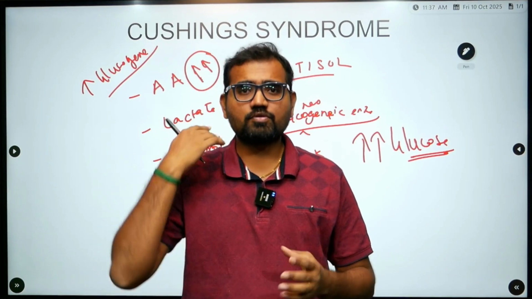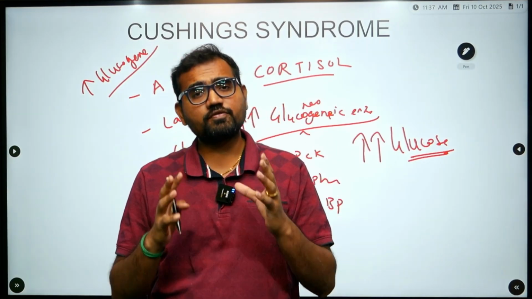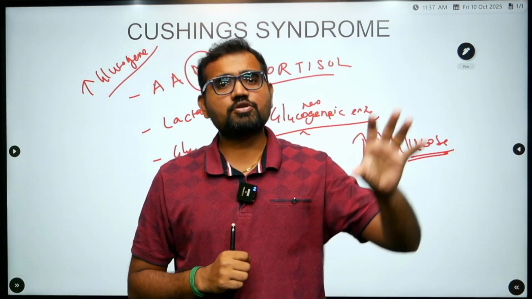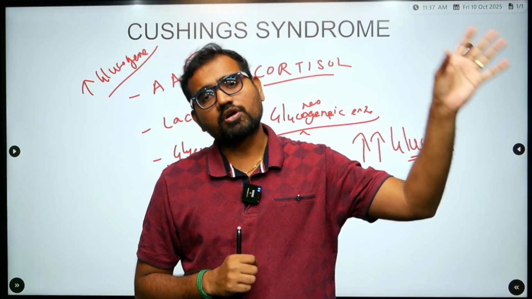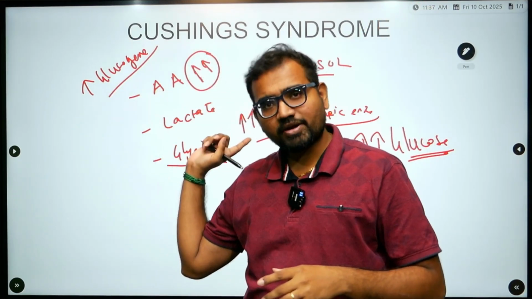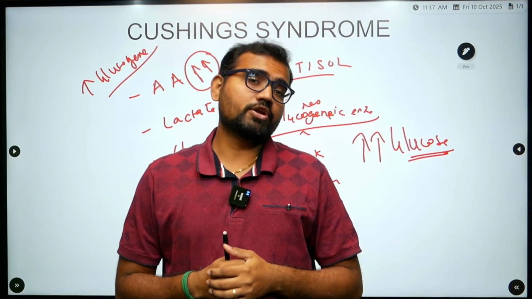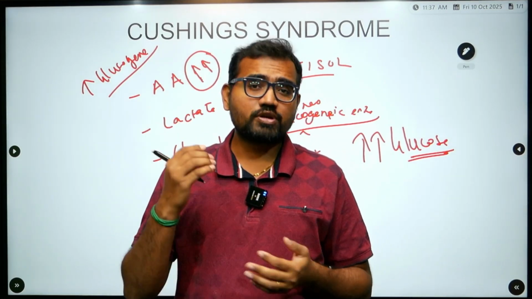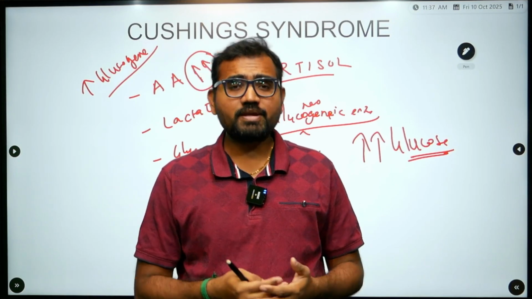All these are features of Cushing syndrome. Cushing syndrome arises because of increased cortisol secretion. Cortisol has glucocorticoid and mineralocorticoid actions.